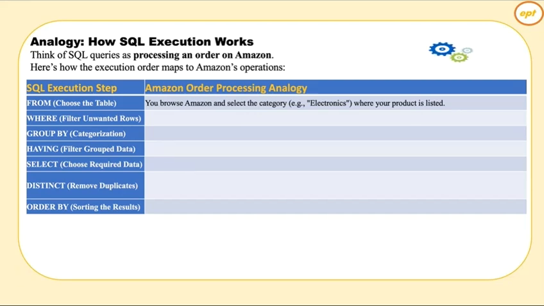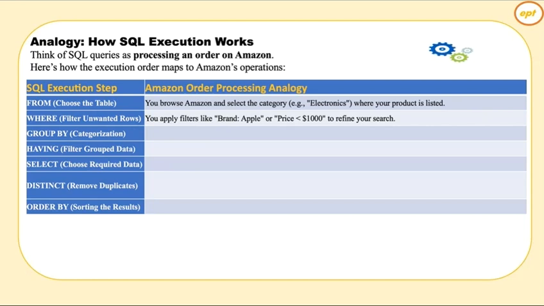Then what do you do, tell me. After you applied the filters, like you selected the brand Apple and a certain price range, what will you do next? Now you know that Amazon often groups products into categories like best sellers or new arrivals.